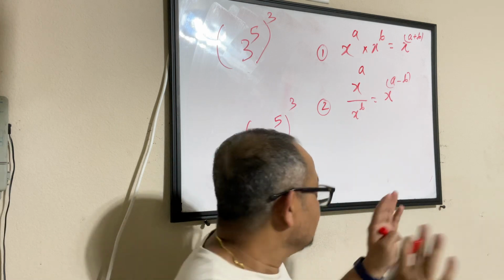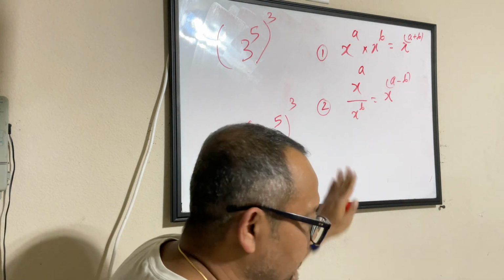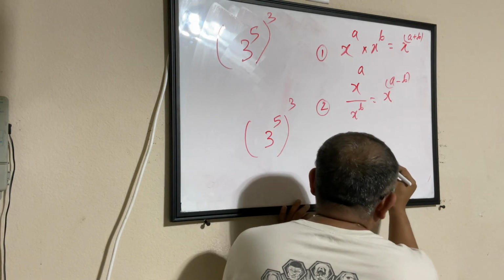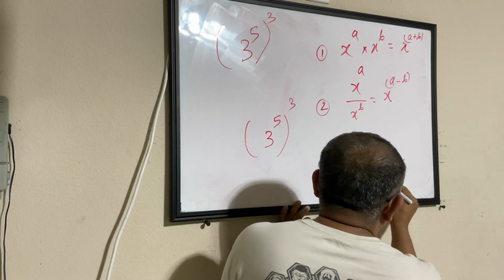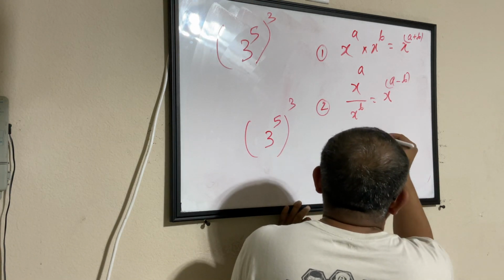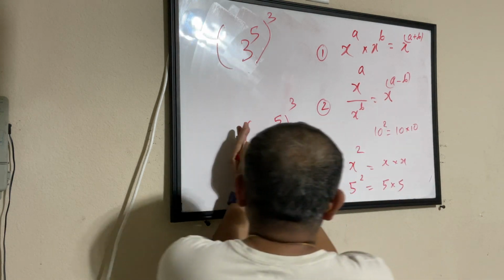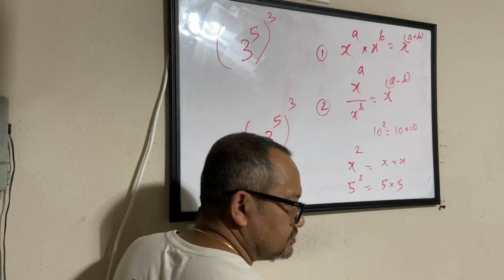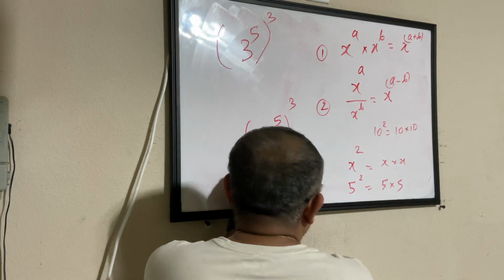So, again, the way we did the other two, we'll do it the same way. If you have, let's say, x squared, what does it mean? X into x, correct? 5 squared is 5 into 5. 10 squared is 10 into 10. Similarly, I have 3 to the power 5 cubed, meaning this whole thing into this whole thing into this whole thing, 3 times.